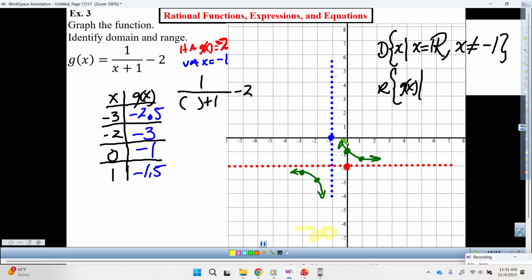All values except which y value, everyone? Negative 2. So that means we're going to write that our range, g of x, is equal to all real numbers, except g of x cannot equal negative 2. Send that in on the screen, please.